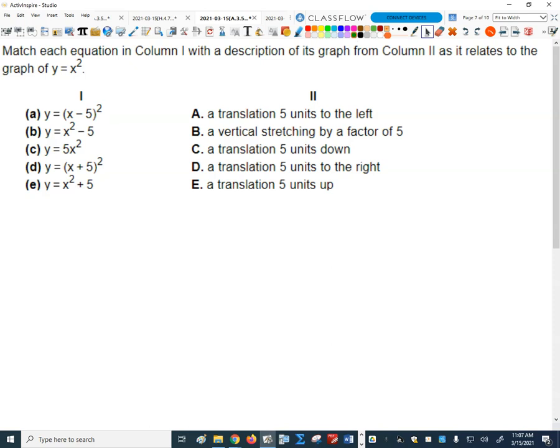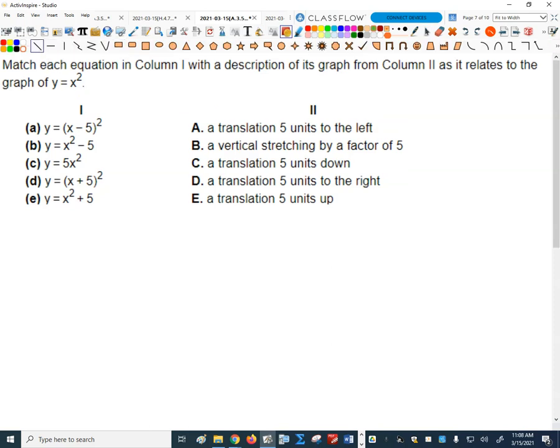A, B, C, or D? Good. Yeah, we're going to the right, aren't we? We're going to the right by 5 if I subtract 5 from x inside the function. So those two match up, huh?